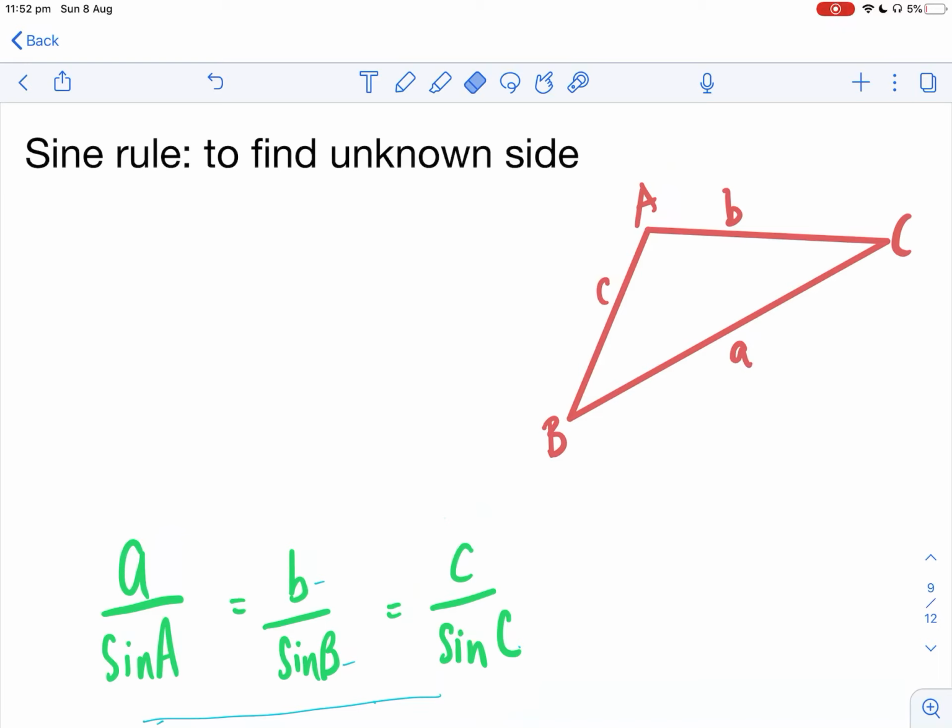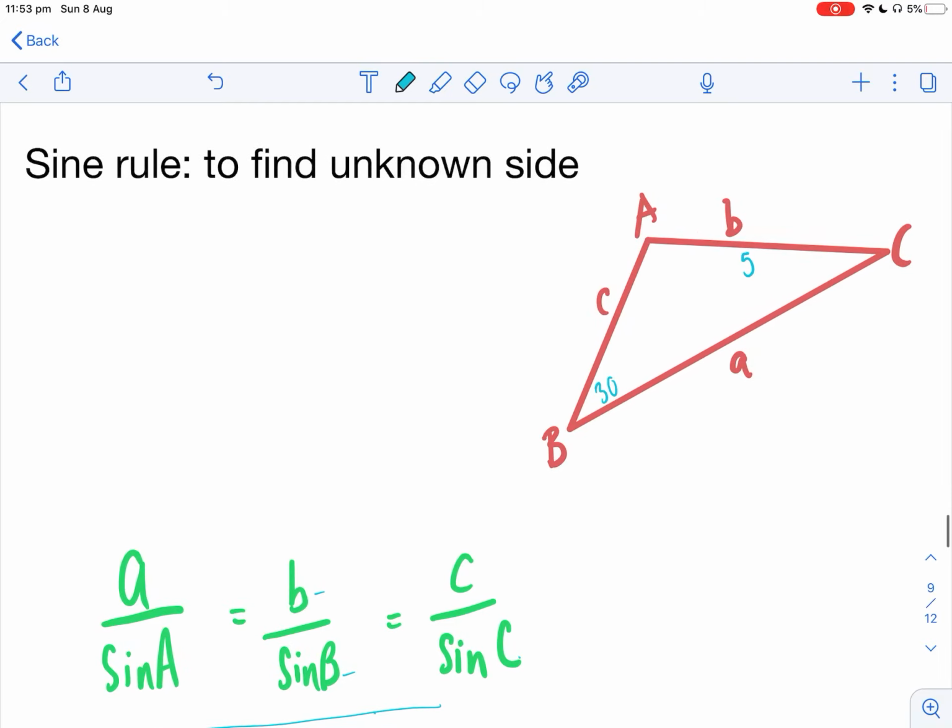So for example, let's say this is 30 degrees and this is 5, and then this is 110 degrees, and this length is x.